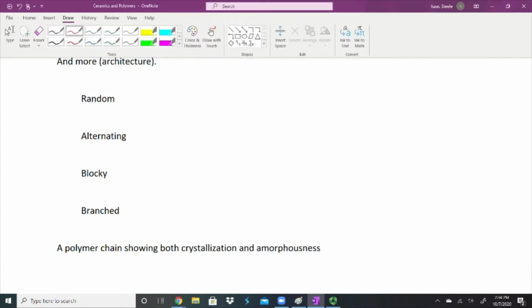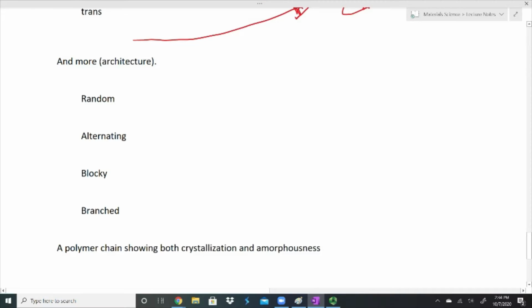I could look at my polymers, and I could have kind of a random structure. Let's say that each one of these circles is one of my mers, one of my units of my polymer, right?